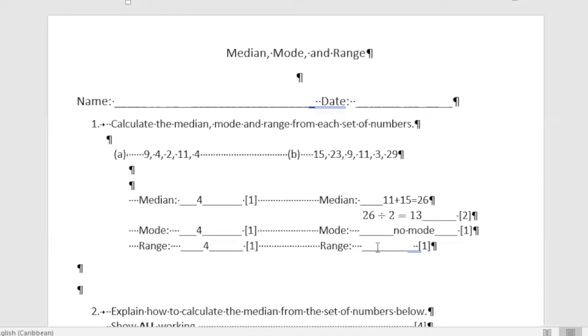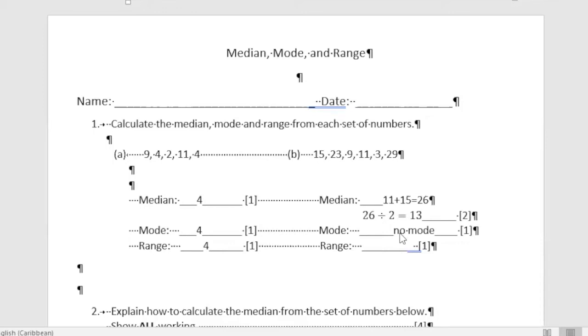Okay, Shania, how did you get that answer? How did you calculate the range? Good job, Cunningham. Thank you, Williams. Good job, Xavier. Good job, Campbell. Good job, Lindina. Check your answer, Etienne.